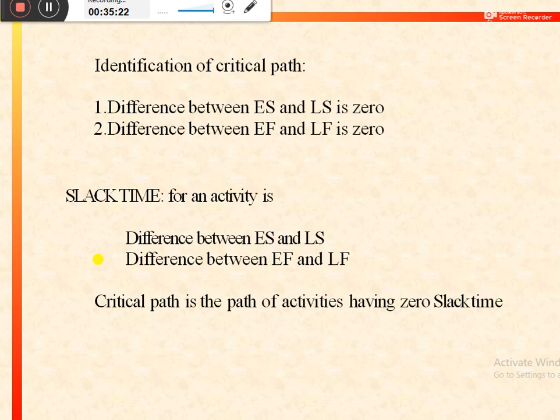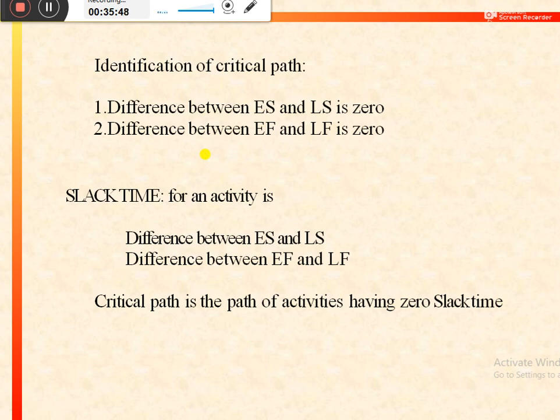So how would we identify the critical path in a particular network? It can be identified by using these techniques. First of all, calculate the difference between earliest start and latest start. Then calculate the difference between earliest finish and latest finish. It is also known as the slack time for a particular activity.